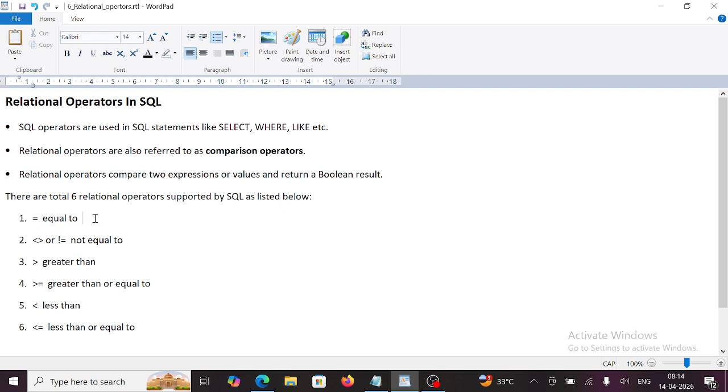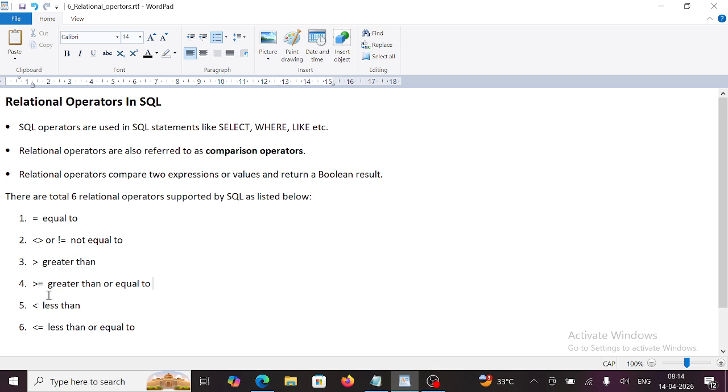The first relational operator is equal to, and the next is not equal to. These two symbols can be used. The next relational operator is greater than, this is its symbol. Then greater than or equal to, and this is the symbol.